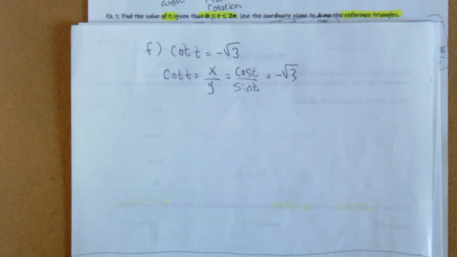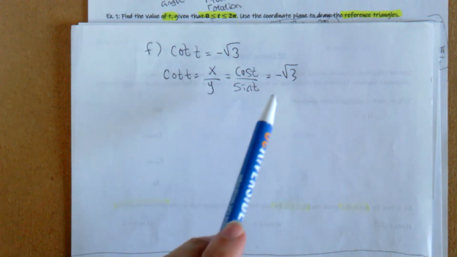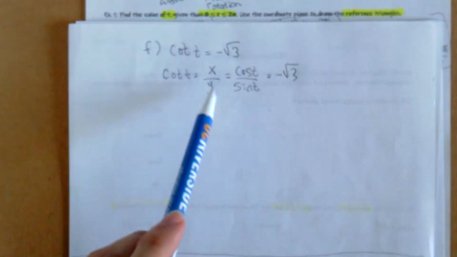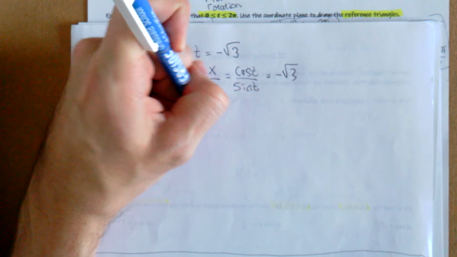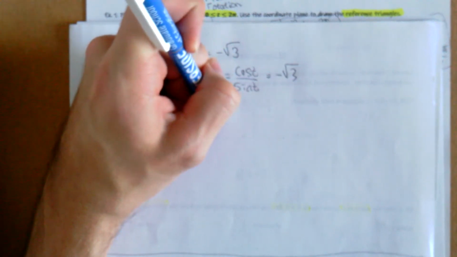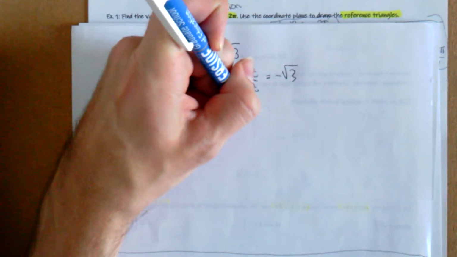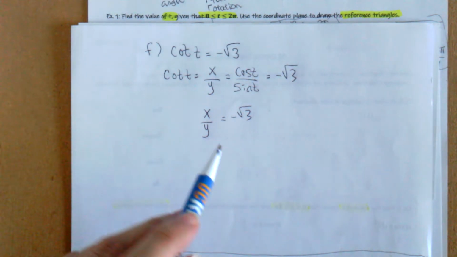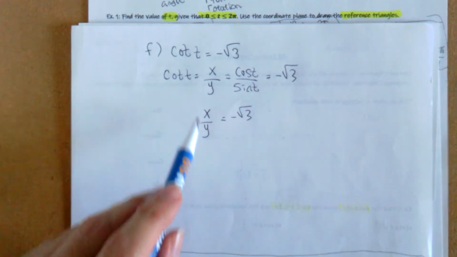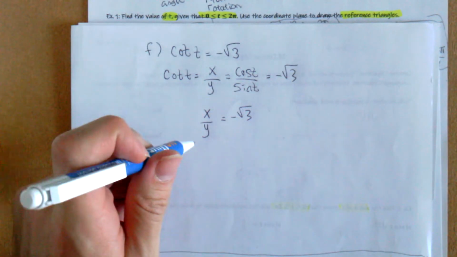Okay, now unlike the last few problems we did, we can't just go ahead and solve for a variable because we have two unknown variables here. So this time we have to do a little bit of thinking. We know that x over y, or cosine over sine, is equal to negative square root of 3. That can happen in a few ways. We can get a negative number through dividing two different numbers if one is negative.